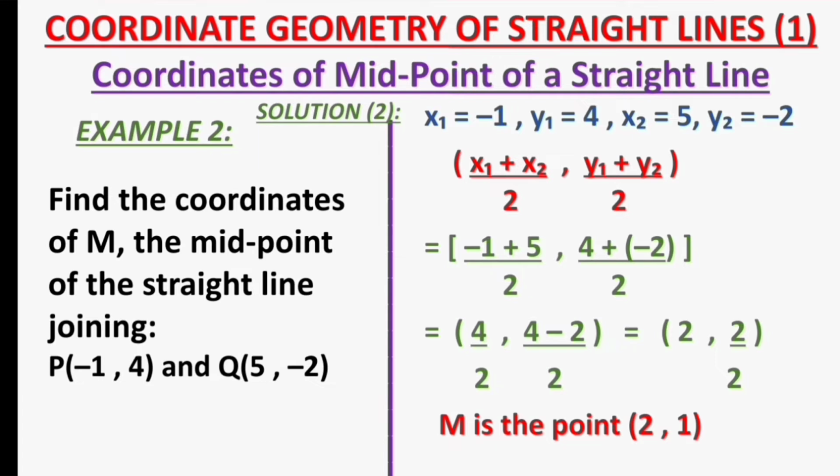That will give us 4 over 2 for the x coordinate and 4 minus 2 over 2 for the y coordinate. That gives us 2 for the x coordinate and 2 over 2 for the y coordinate. Lastly, the coordinates of M, the midpoint of the straight line, are 2 and 1. I hope you got that right. Please take note of the solution to example 2.